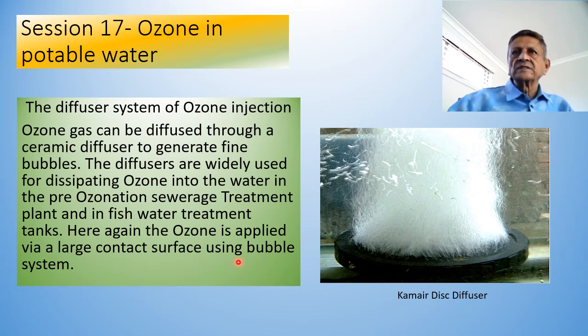So when ozone comes from one side of the disc, it is broken into fine bubbles, and those bubbles created in the water increase the surface of the ozone exposure to the water, and facilitate a good flow of ozone into the system, and thereby increase the ozone levels in the water.